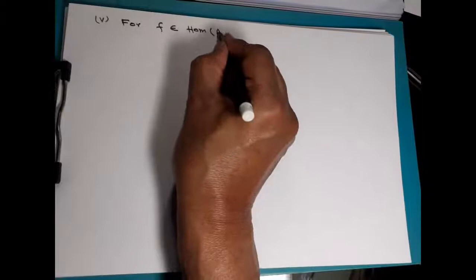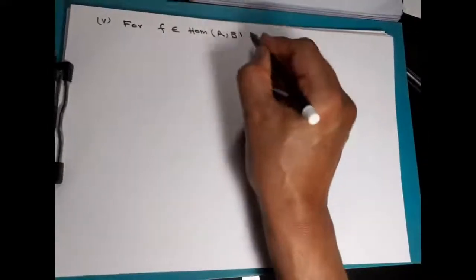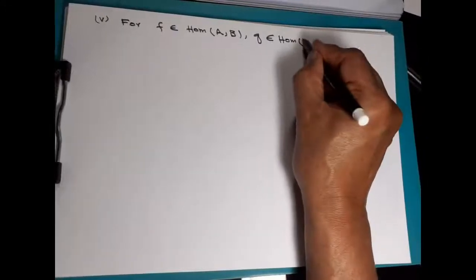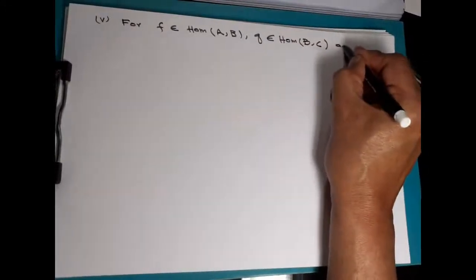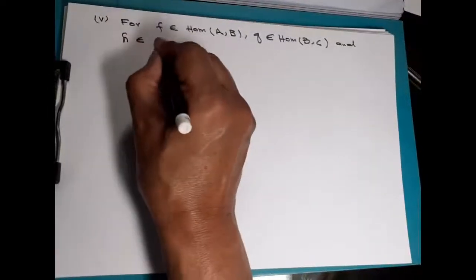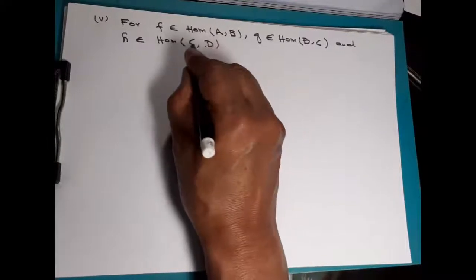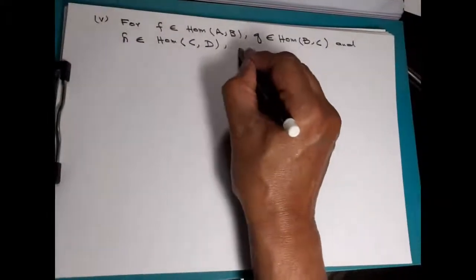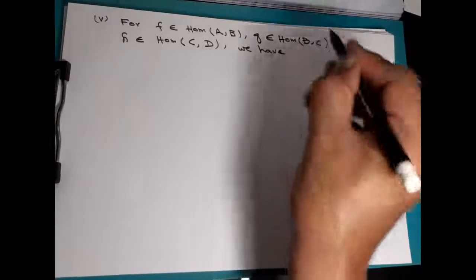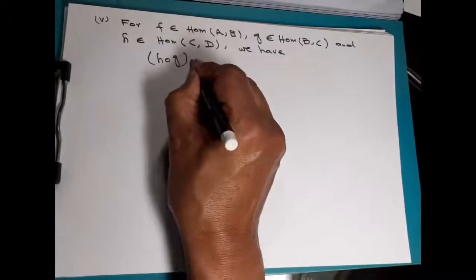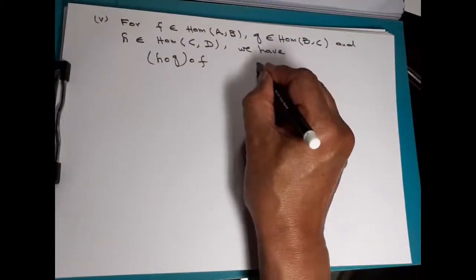For f belonging to Hom(A, B), that is, f is a function with domain A and codomain B, and g belonging to Hom(B, C), and h belonging to Hom(C, D), h is a function with domain C and codomain D. We have this particular rule that h composed with g and then this composed with f is equal to h composed with g composed with f.